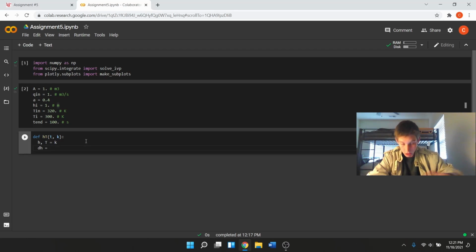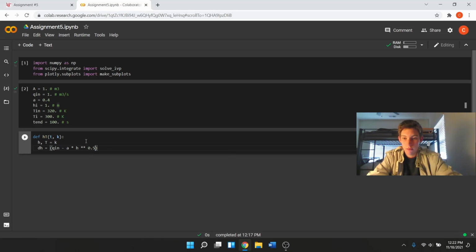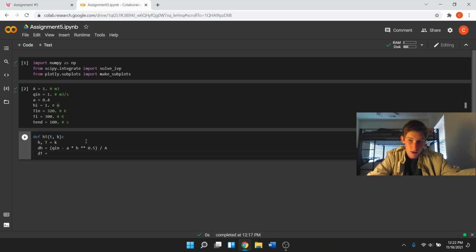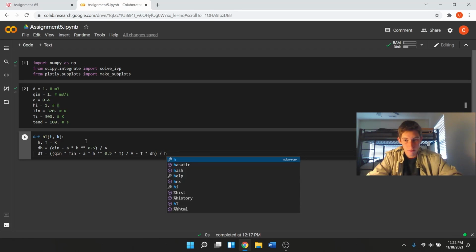That equals, looking at my iPad here, the flow rate going in minus alpha times the square root of height divided by the area, and then the differential for the temperature is equal to the flow rate going in times the temperature going in minus alpha times the square root of the height times temperature, and this is divided by the area, and then subtract this also by temperature times dHdt, and then this is all divided by the height.